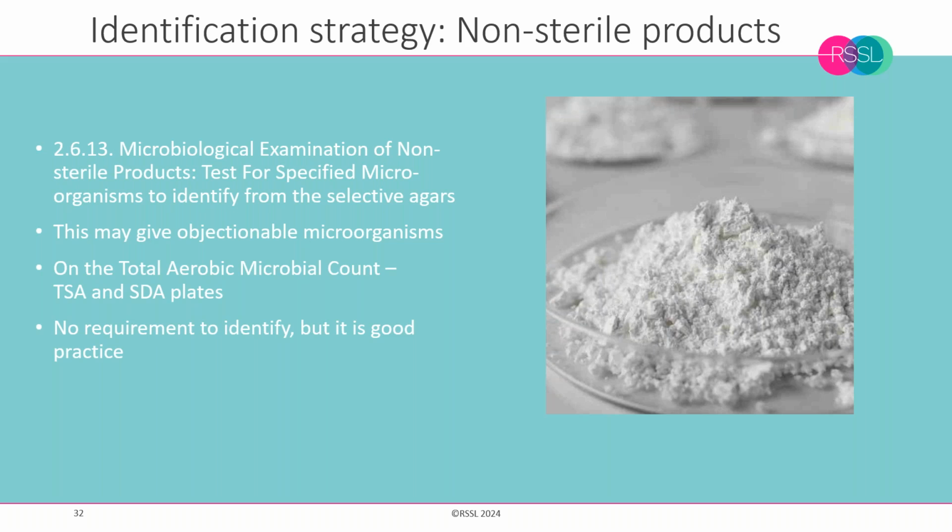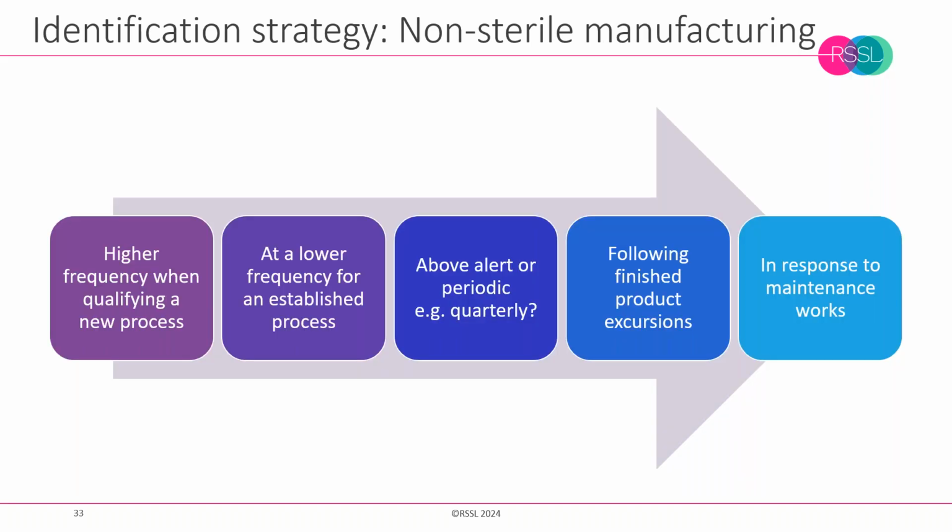But beyond incoming materials, also in non-sterile manufacturing, we're going to have an environmental monitoring program and maybe some intermediate and finished product testing as well. And we have an absence of regulatory requirements.